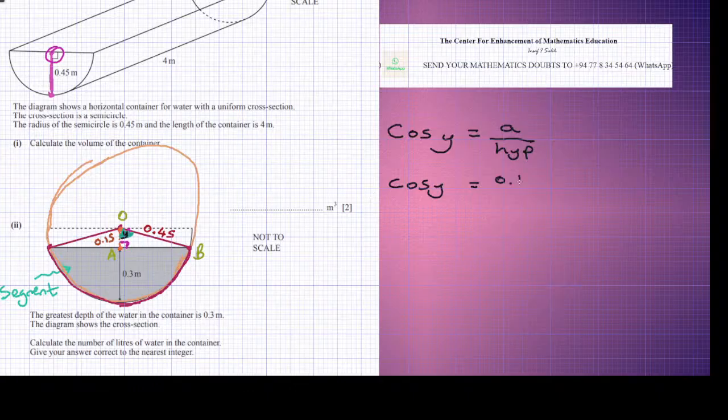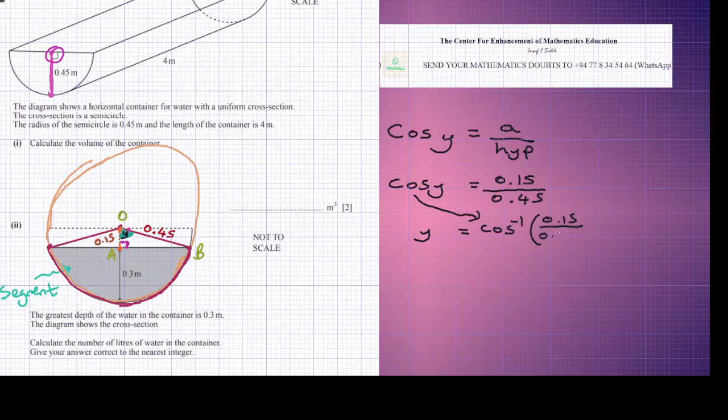And what's the hypotenuse? That's the radius, 0.45. Then what is y equal to? That is equal to cos inverse of 0.15 over 0.45.